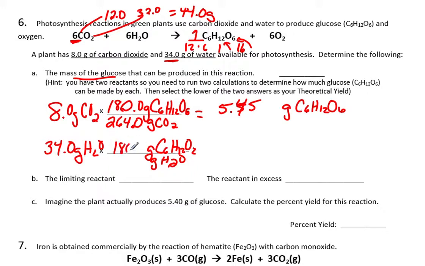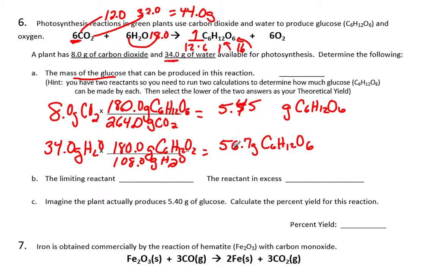So it's still 180 because that comes from our balanced equation. And now we're going to focus on water. Hopefully you remember by now, water weighs 18 grams. 6 times 18 is 108. So put that there, do the basic math, and you realize that if we use up all our water, we could actually produce 56.7 grams of glucose, assuming we had enough of the other reactant, which is carbon dioxide.